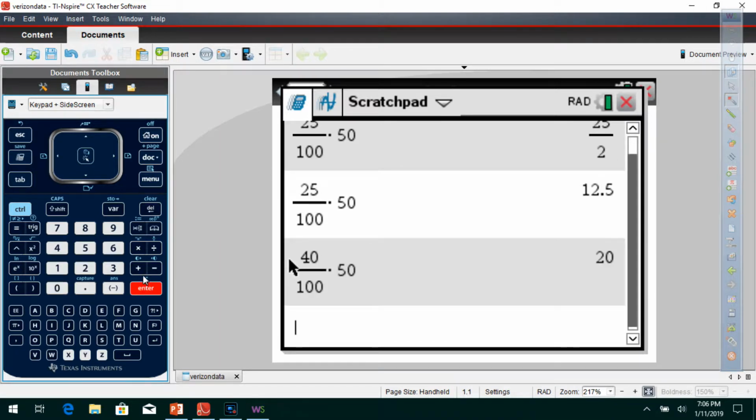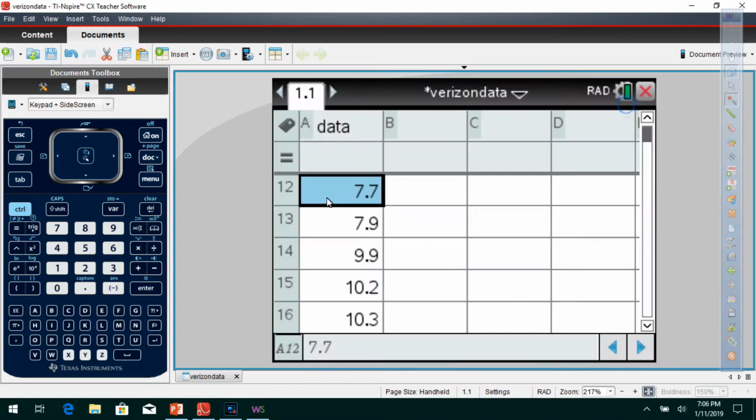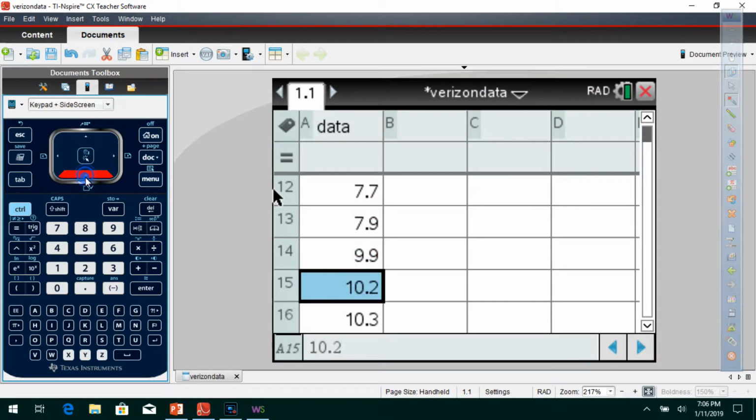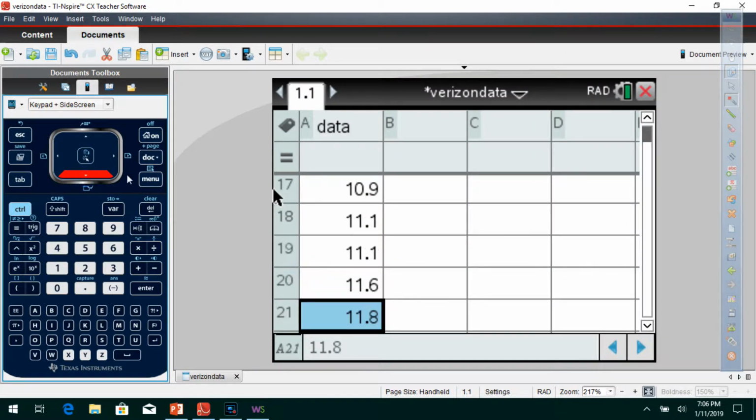Okay, so that one gave me 20. Let's find number 20. Okay, 20 is 11.6.